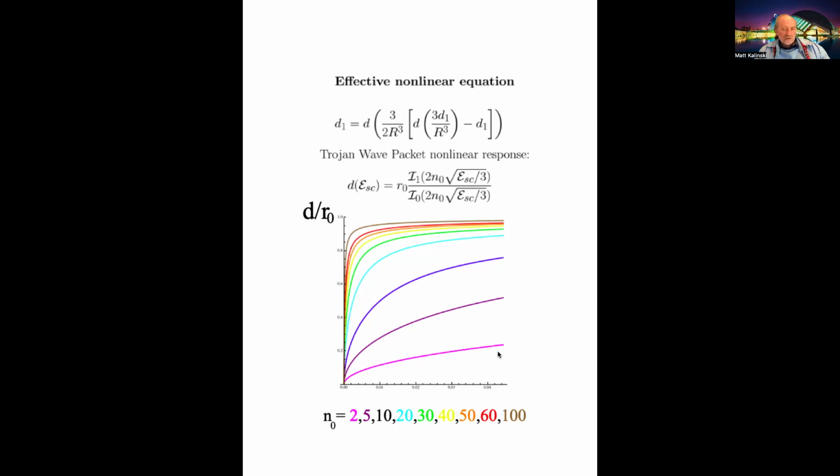So you see that for quantum numbers around 100, the atoms become very sensitive, and the curves resemble saturation curves of electronic transistors.